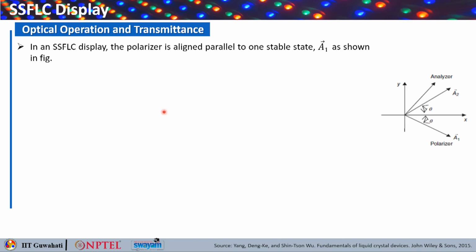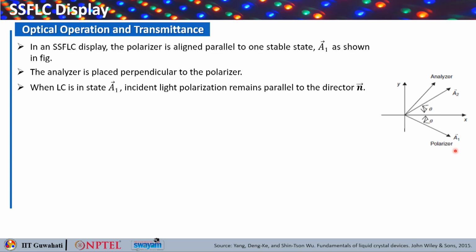So we have seen that in an SSFLC display, the polarizer is aligned parallel to one stable state, A1. Okay, so it's like this, and the analyzer is placed perpendicular to the polarizer.